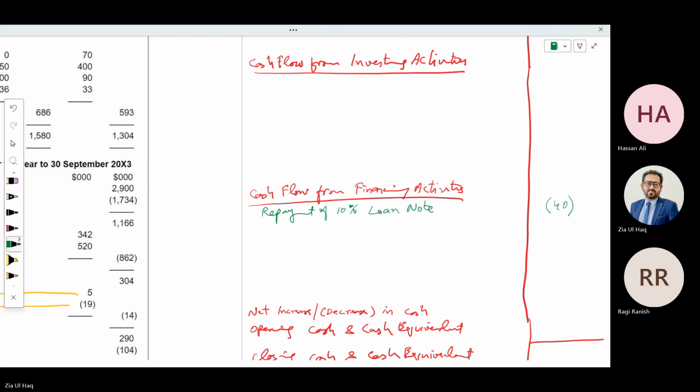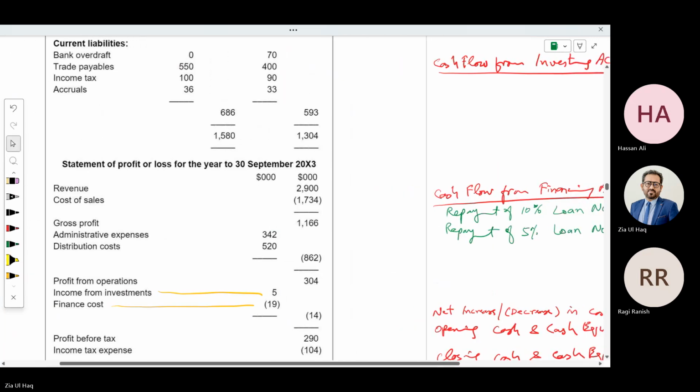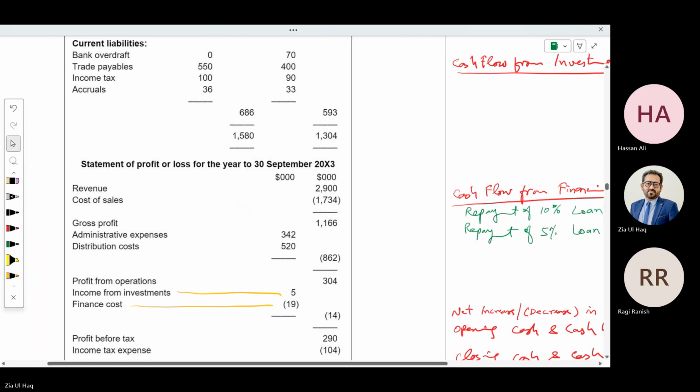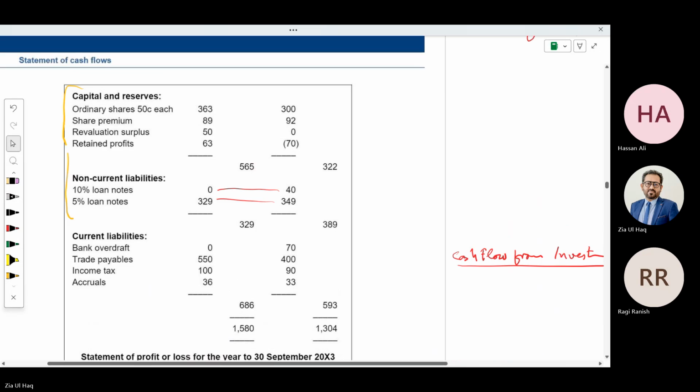Outflow, not inflow. And some of the 5% loan note: repayment of 5% loan note. This means we have done this.